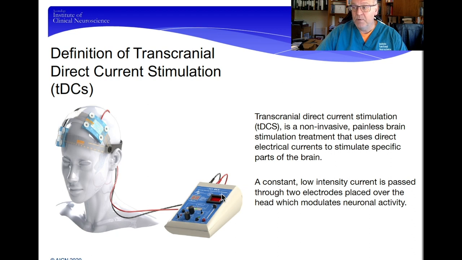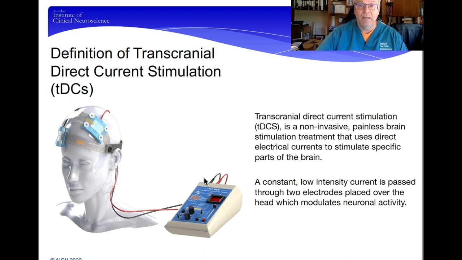So it's pretty simple. It is a unit which delivers direct current in a specific current flow, so amperage, and it goes to specific parts of the head or the brain, and based on where the anode and the cathode are, we get different effects from that. So that's what transcranial direct current is all about.